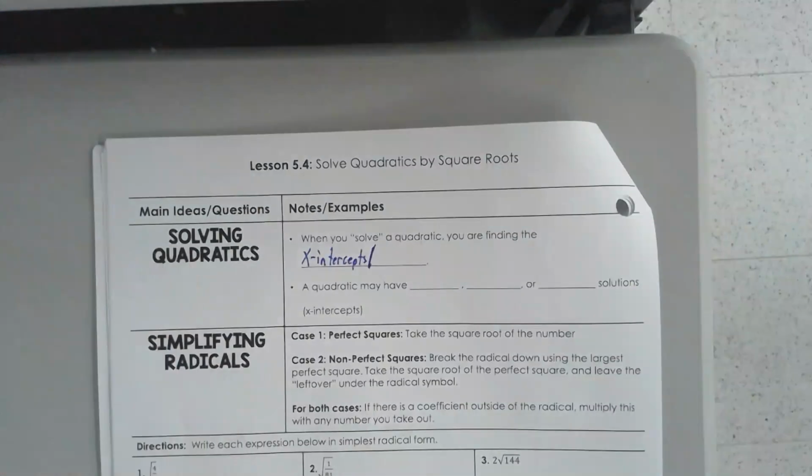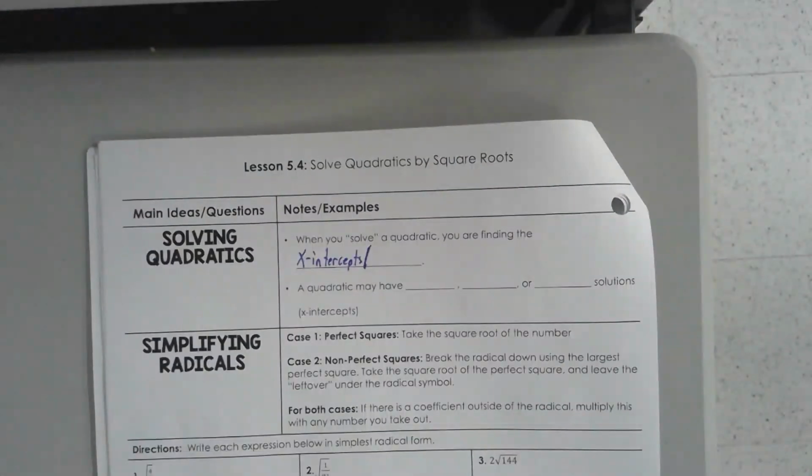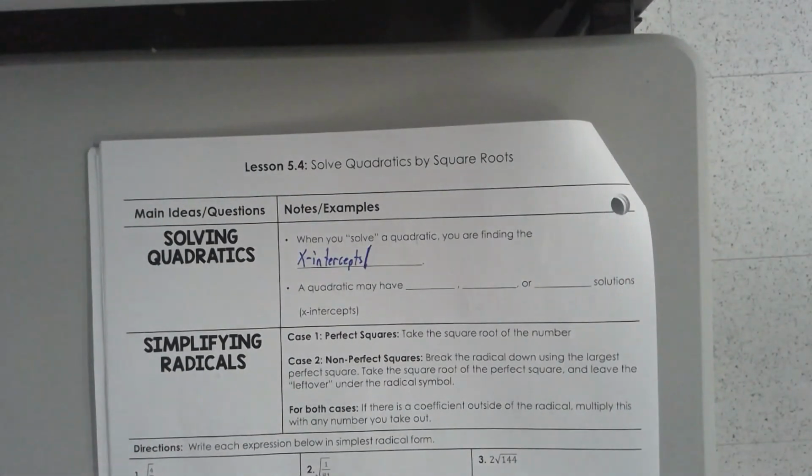Anybody way back to like January the 4th when we did 5.1, talked about x-intercepts?